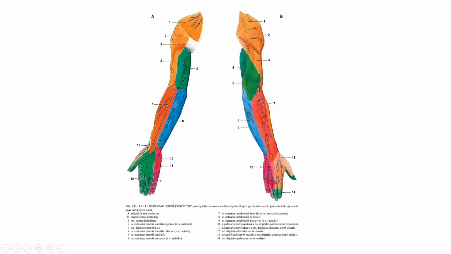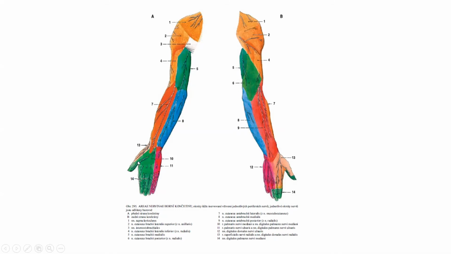Those are the palmar branch of the ulnar nerve and the digital palmar branch of the ulnar nerve, which supply the full small finger and half of the finger that is located on the medial side. So 1.5 fingers are innervated by the ulnar nerve.